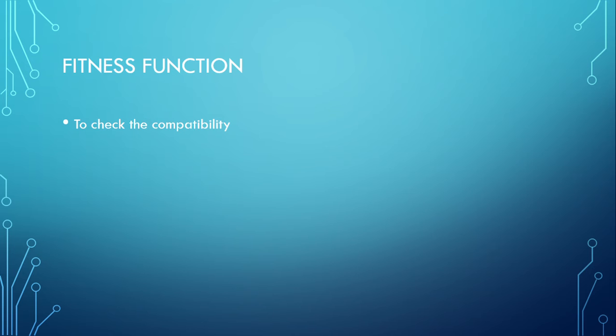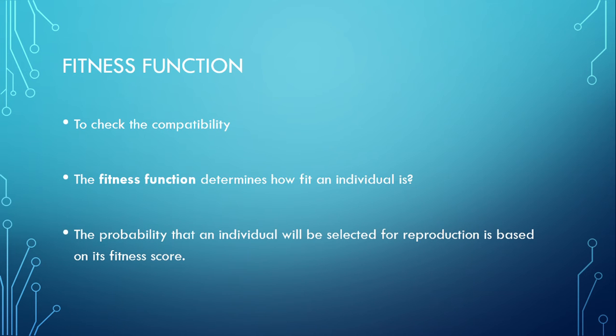Okay, discussing the fitness function, it's basically to check compatibility. As I said earlier in the example, we have to see how much fitness there is in the sample space or in the solution. The fitness function determines how fit an individual is. By individual, we mean the sample space or the data which we have. The probability that an individual will be selected for reproduction is based on its fitness score.